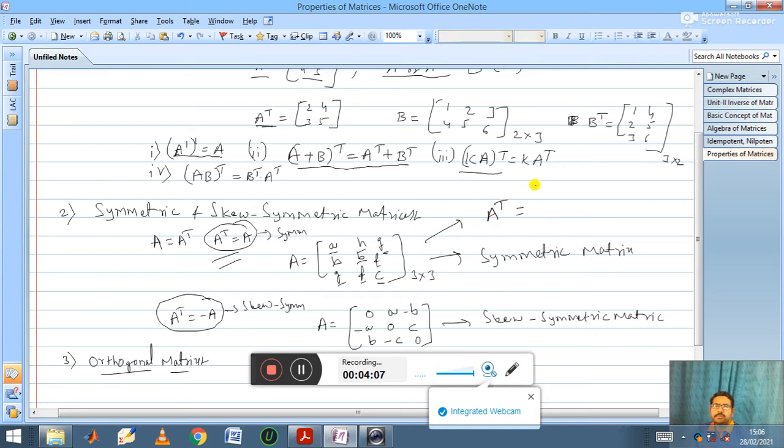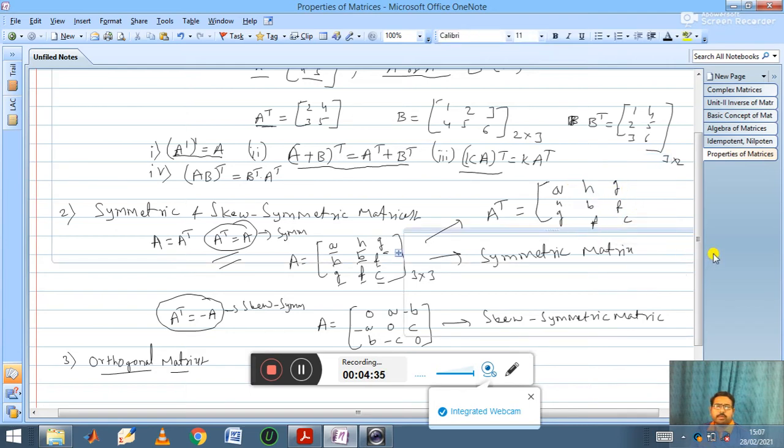A transpose equals, transpose means you are converting rows into columns. First row A H G. Your second row you write as the second column. Second row elements are H B F. Your third row is G F C.